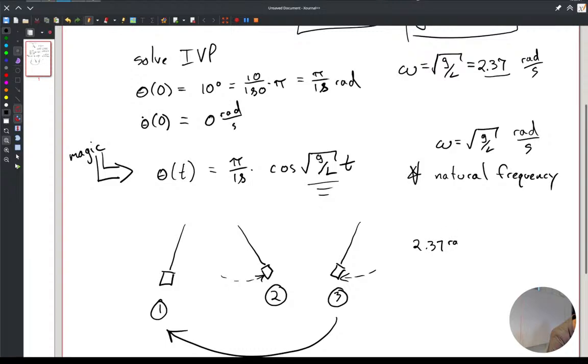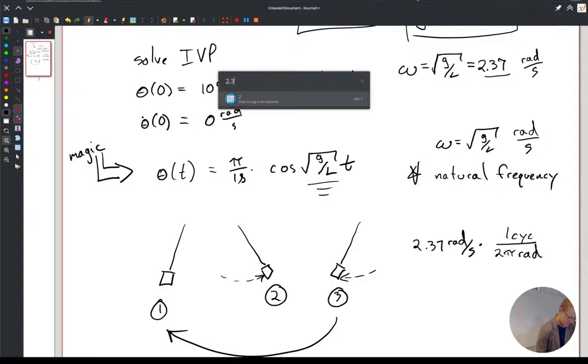So I just need to take the 2.37 radians per second and divide by the radians in the denominator. One full cycle is 2 pi. So 2.37 divided by 2 divided by 3.14.